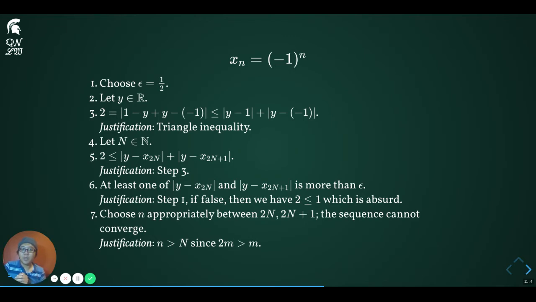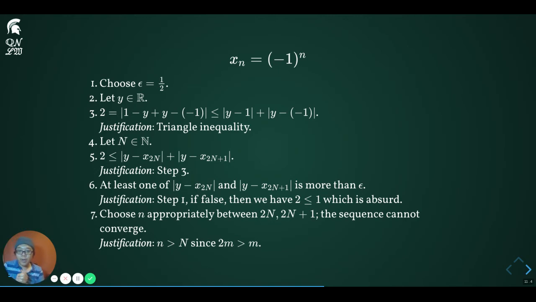So we can substitute them into the result of step 3. This shows that the distance of y to x sub 2N plus the distance of y to x sub 2N plus 1 add to more than 2. In particular, at least one of the two must be more than epsilon, which we recall is set to 1/2.